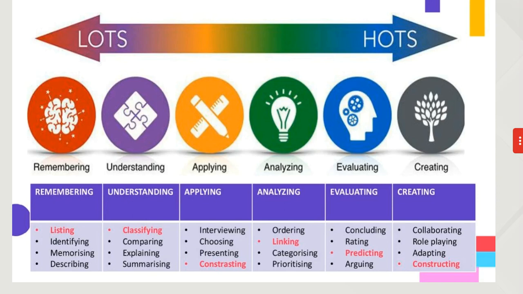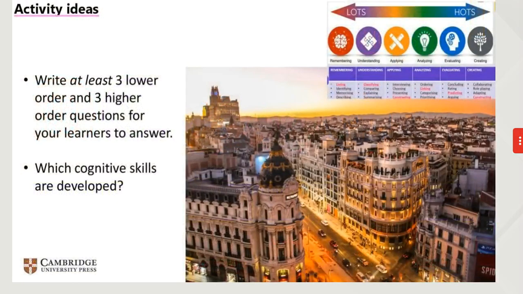Here I've got another example for a higher level class. Okay, so here we're looking at the topic of cities. So this is a city. I'm not sure if you know where this picture is.